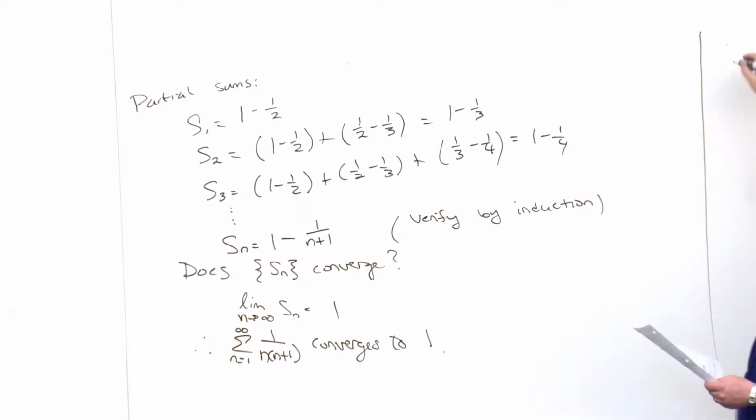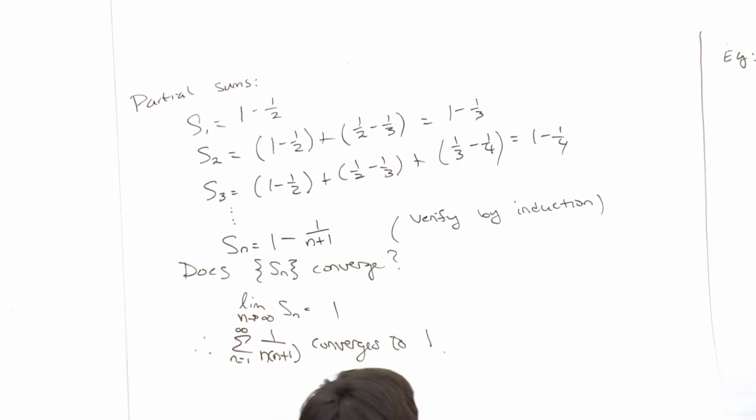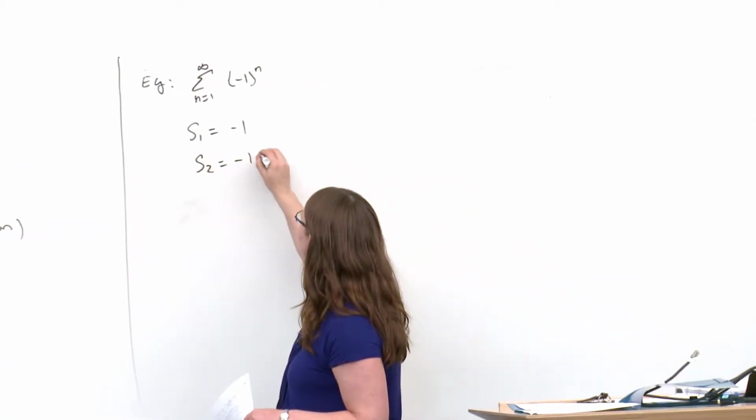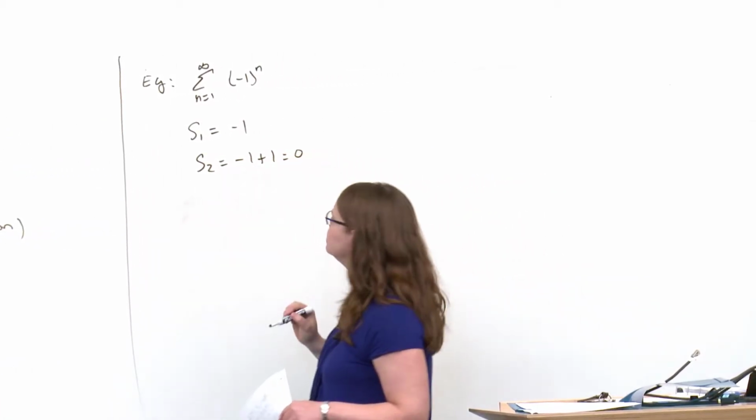Okay, on the other hand, we could have something like this. So something like this, of say minus 1 to the n. And we get, okay, s1 equals minus 1. s2 equals minus 1 plus 1, that's 0.